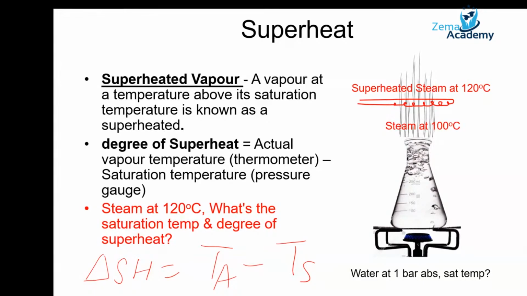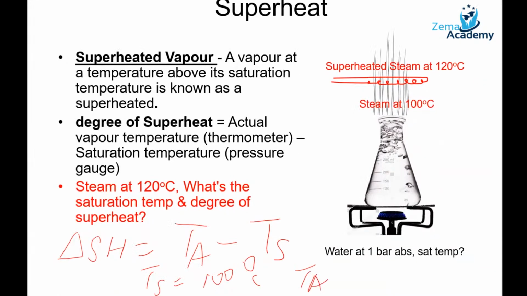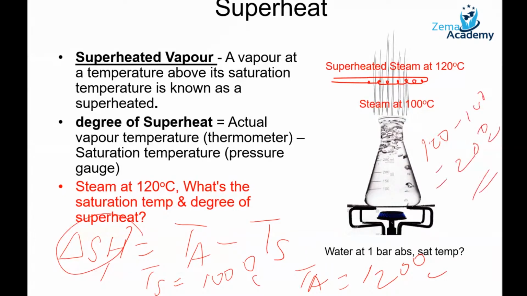Of course, the steam is at 100 degrees C and the superheated steam temperature is 120 degrees C. What is the saturation temperature and what is the degree of superheat? T actual is 120 degrees C, and therefore the degree of superheat is 120 minus 100, which is 20 degrees C. So superheat, again, we will use it when we define our pH chart, where our superheat region lies.